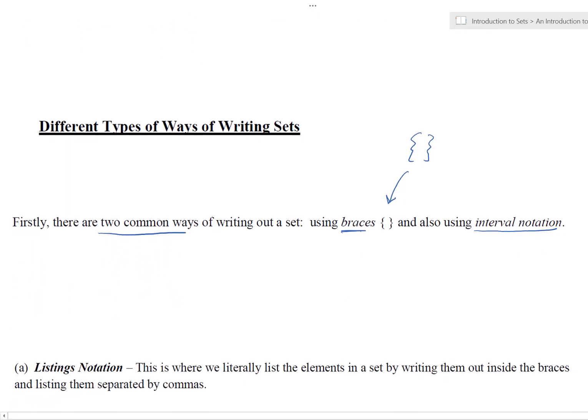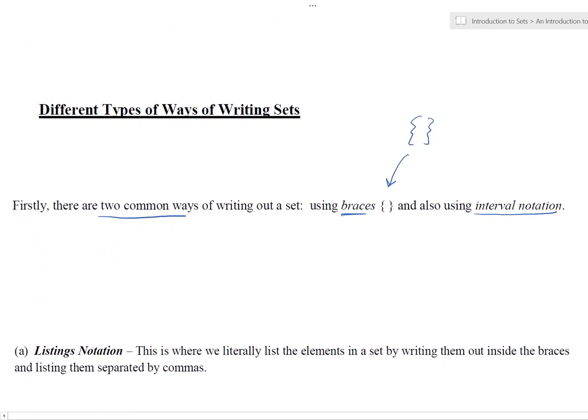So what are the two ways that we write them using these braces? There's one which is called listing notation, and we literally list the elements in the set by just straight writing them out. All right, so you think about how this works. Here's your braces, right? And we just write what's in the set. Maybe what's in the set is 1, 2, 3, 4, right? So that would be the set containing the numbers 1, 2, 3, and 4.